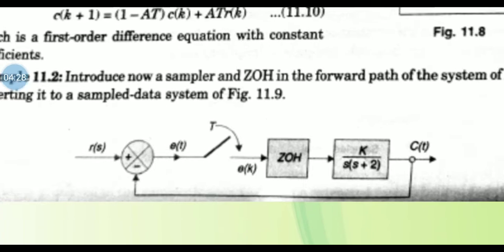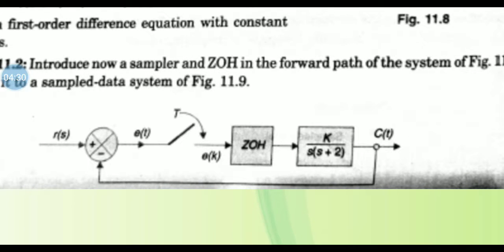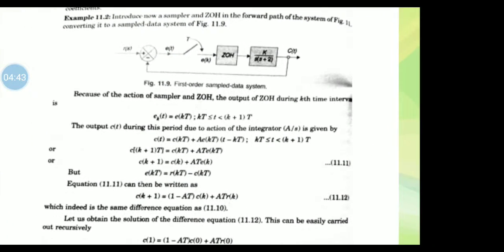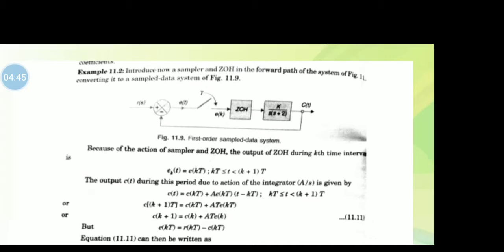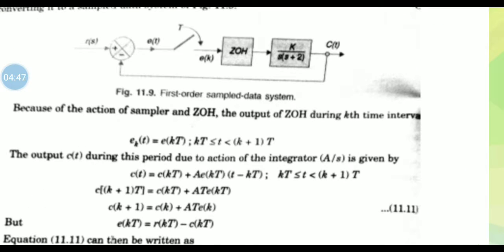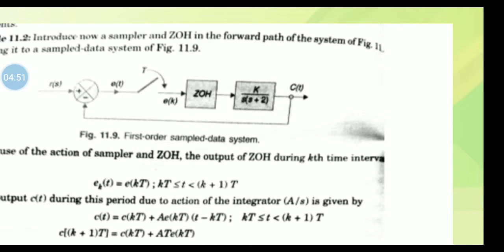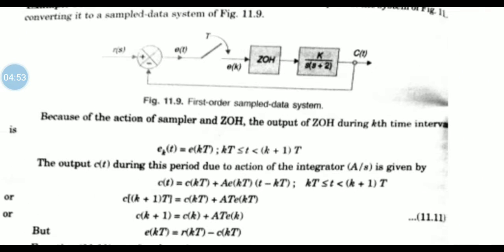The feedback is unity. This is the diagram which I was describing: a first order sampled data system.